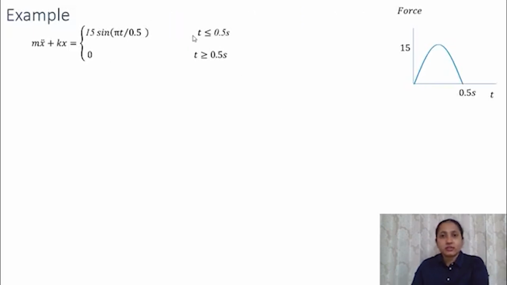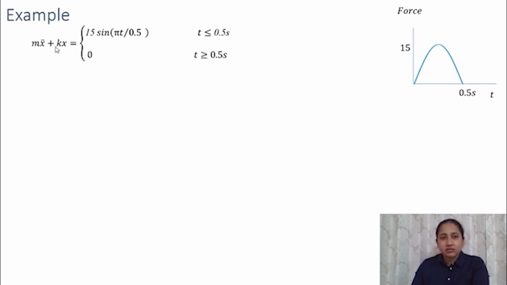Now let's solve an example problem using this numerical method. So in this, we have an undamped system with some mass and k, and a half sine wave pulse force is acting on the system, and the pulse force is given as 15 sin(pi t/0.5) when time is less than 0.5 seconds, and the force is 0 if the time is more than 0.5 seconds.